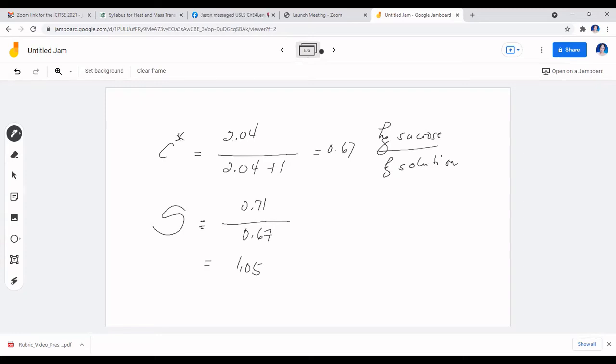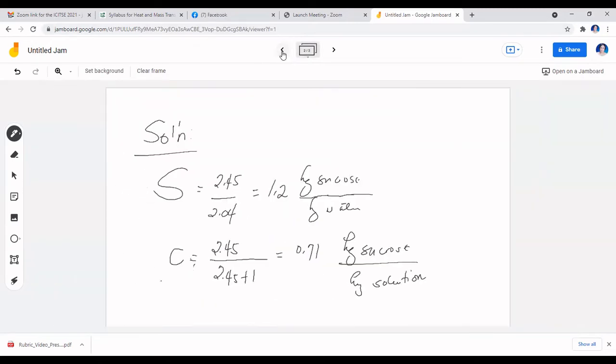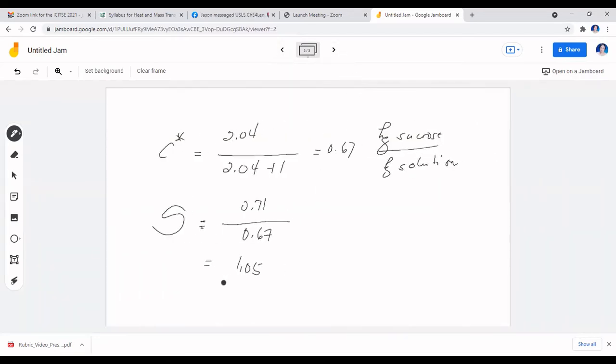Now, if you're going to compare it with the set units kilogram sucrose per kilogram solvent, your supersaturation value is 1.2. In here, it's just 1.05. So you get a lesser value of supersaturation, just by the number, when the unit is changed. So it really matters on what particular set of units you will use.